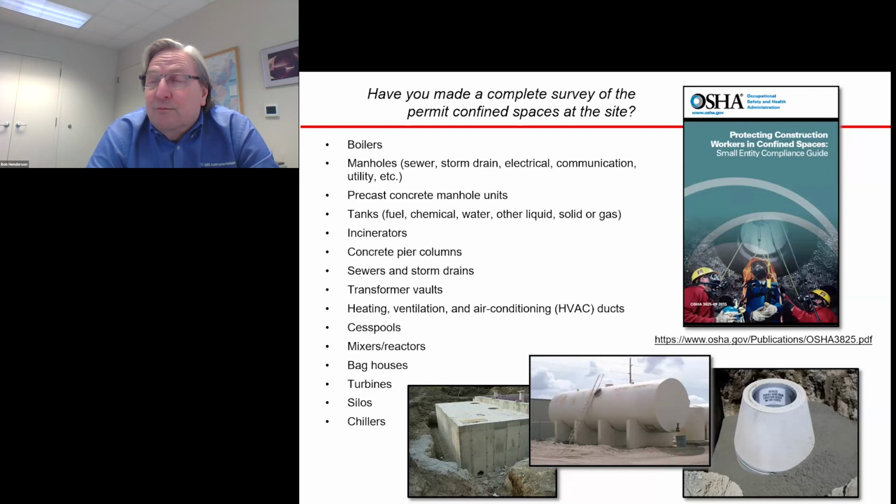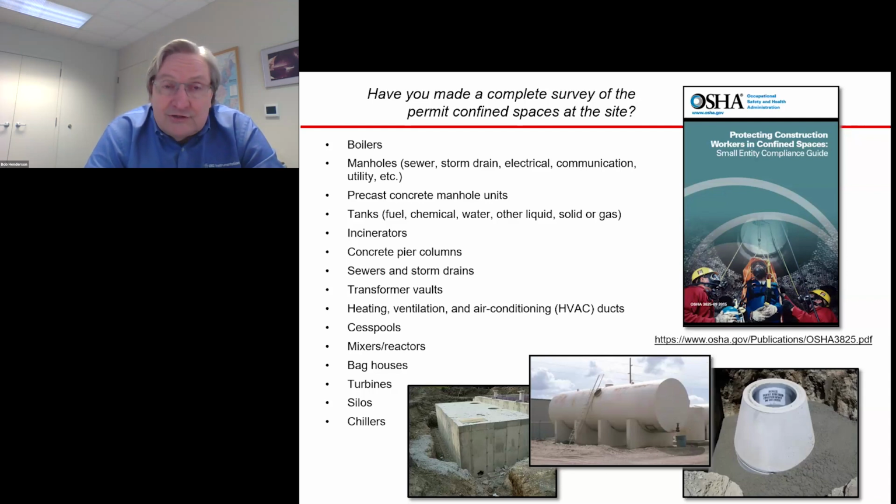Confined spaces that you must consider as being potentially dangerous. And remember, just because it's a confined space doesn't mean it's a permit confined space, but you must start with the assumption that it's potentially dangerous until you rule it out.